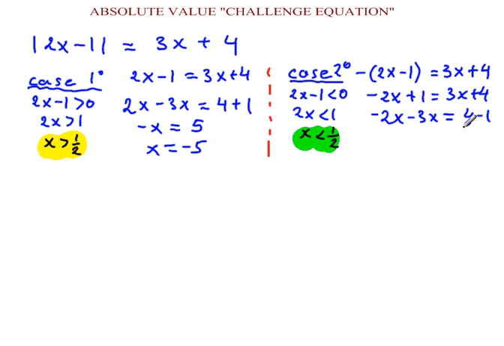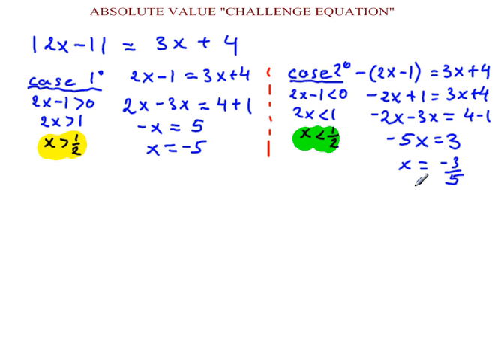I hope you follow that. This is the standard operation when working with linear equations. So in the end, I have negative 5x is equal to 3, and x is equal to negative 3 over 5.